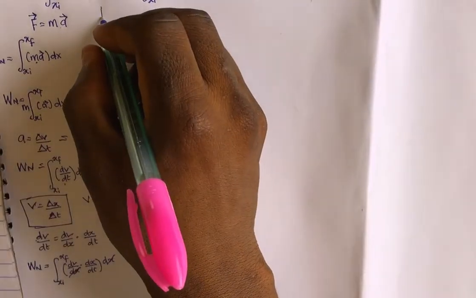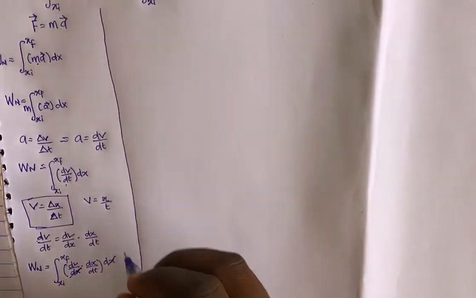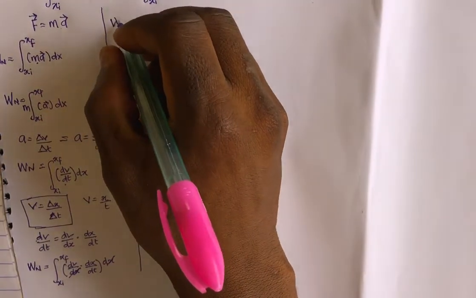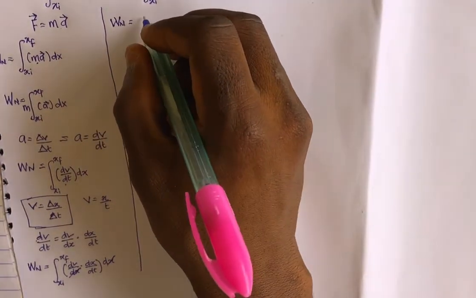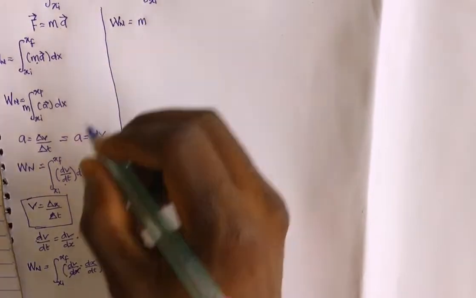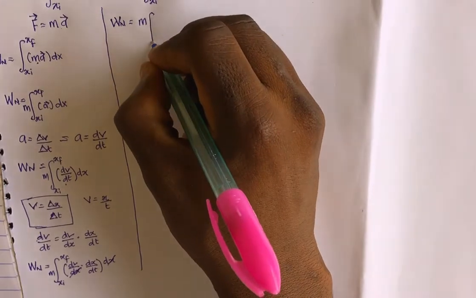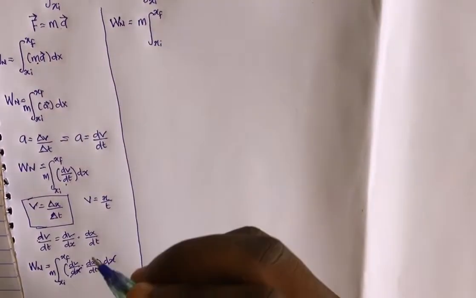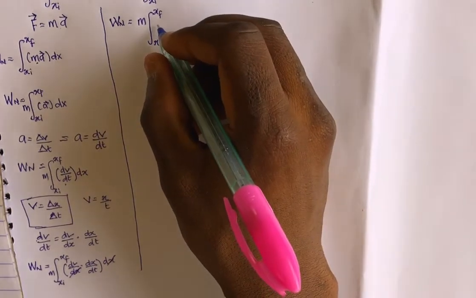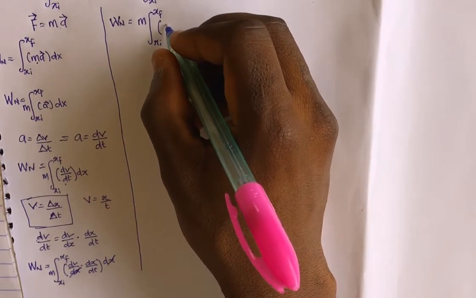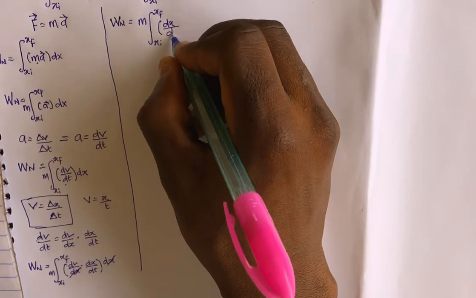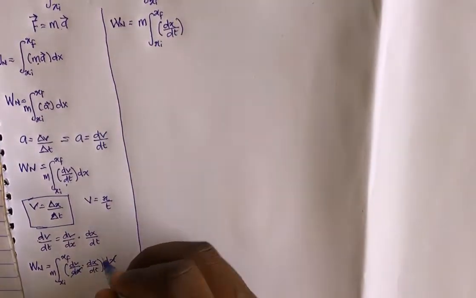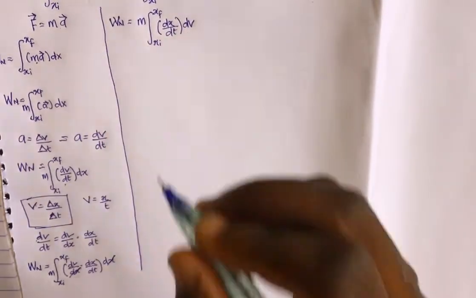So I'll have net work done equals mass, which is outside, times the integral from initial position to final position of dx over dt. Then I'll bring this dv out, that will be dv.